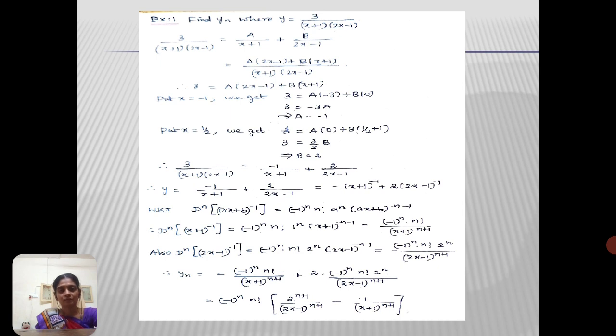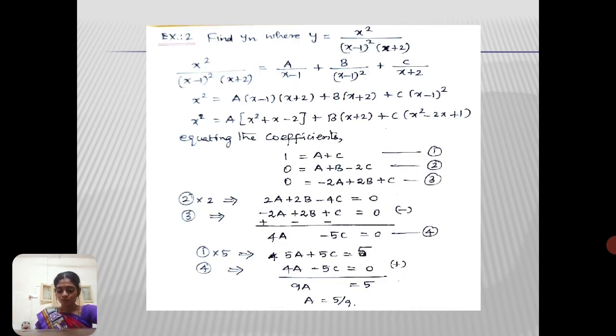So yn will be minus 1 power n factorial divided by x plus 1 power n plus 1 plus 2 into minus 1 power n factorial 2 power n by 2x minus 1 power n plus 1. Here in these two terms, minus 1 power n into n factorial is common. So we take it outside, and we arrive at the answer.